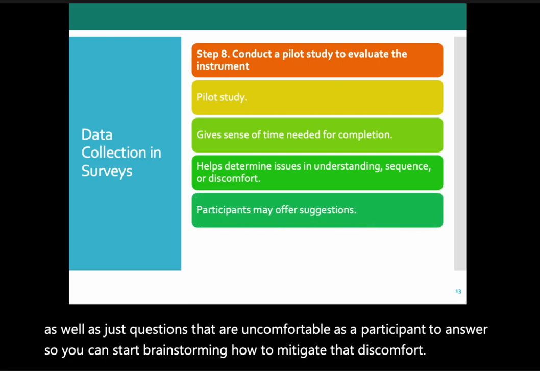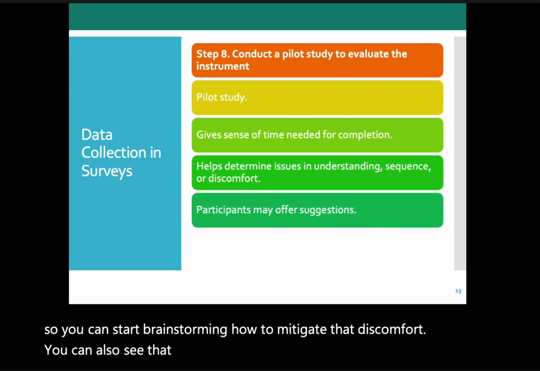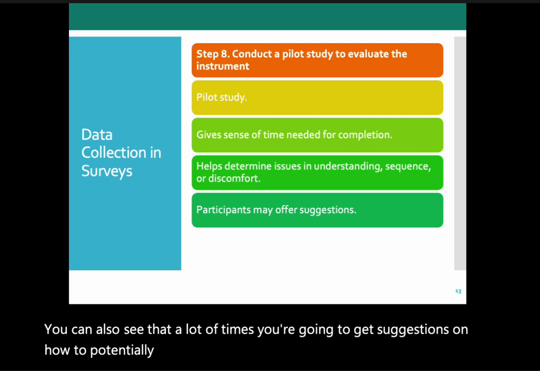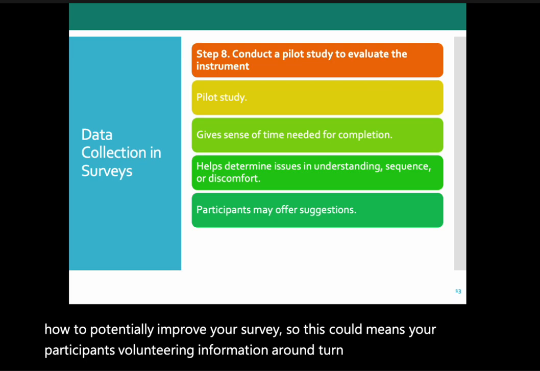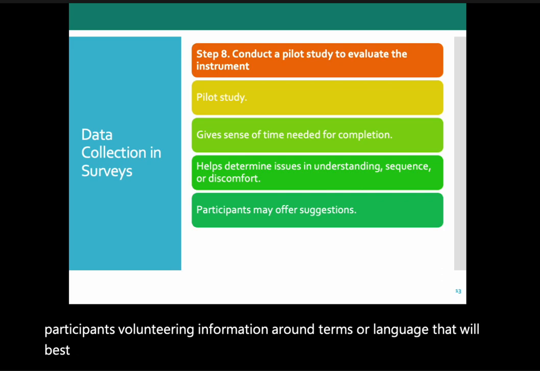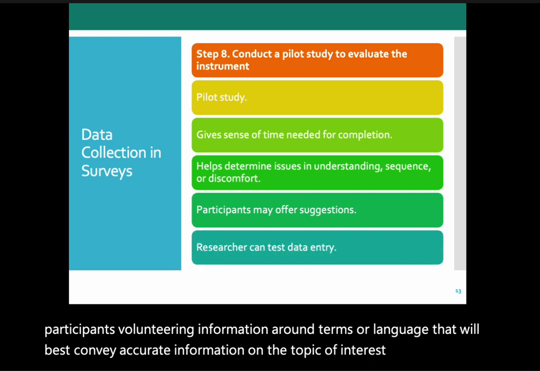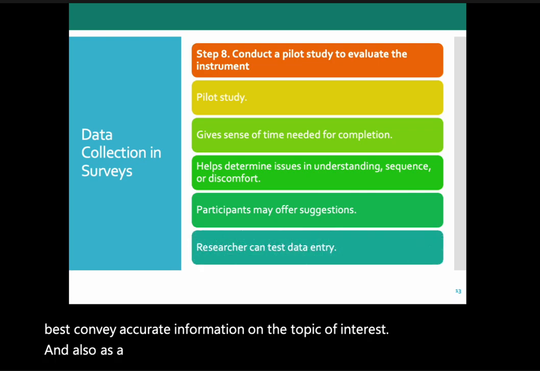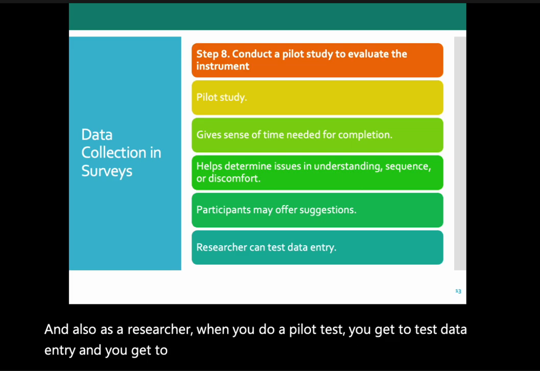You can also see that a lot of times you're going to get suggestions on how to potentially improve your survey. So this can mean your participants volunteering information around terms or language that will best convey accurate information on the topic of interest. And also, as a researcher, when you do a pilot test, you get to test data entry and you get to correct any problems that could be caused during the collection of data.